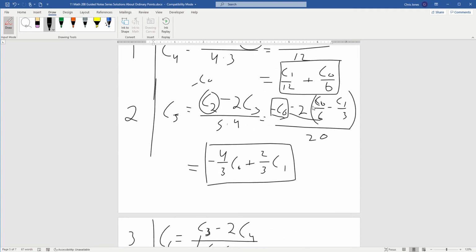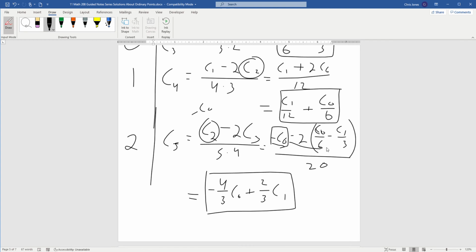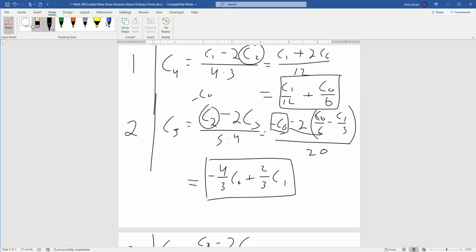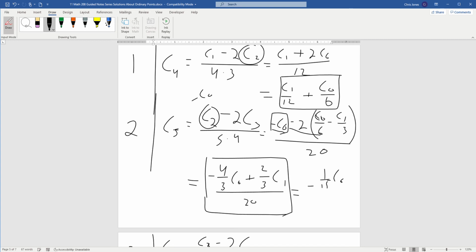I may have forgotten up here, by the way, to divide by this 20. So let me rewrite this one while we're up here. And that's going to give us, if we divide that out by 20, negative 1/15 C naught plus 1 over 45 C1, just by simplifying.